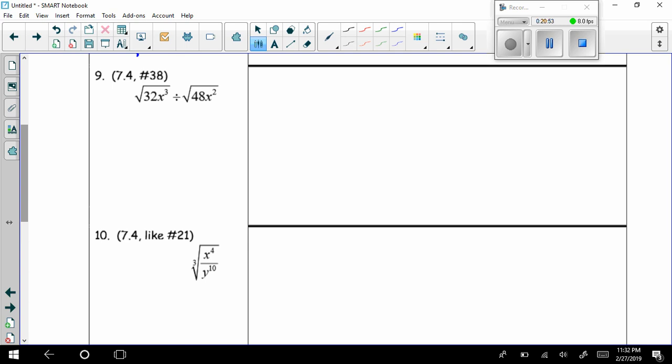Don't mix up horizontal division with vertical. This means the same thing as the square root of 32 x cubed divided by the square root of 48 x squared. We can rewrite this all under one radical if it will help us a little bit here.